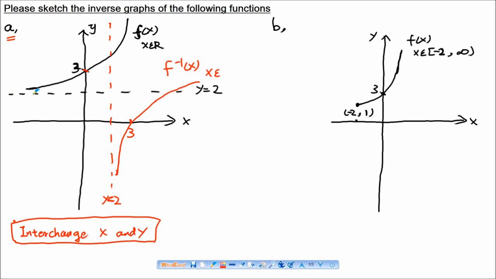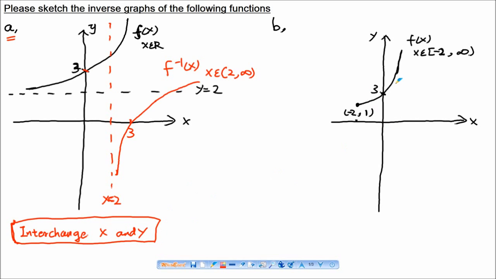The range of the original graph is from 2 to positive infinity, so my domain is x belongs to the circle bracket 2 and infinity. It is very easy to draw the graph using the interchange x and y method.